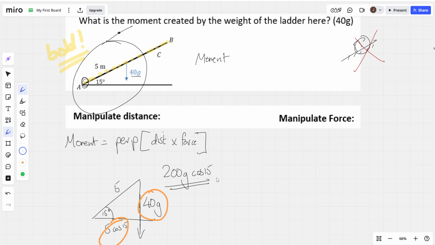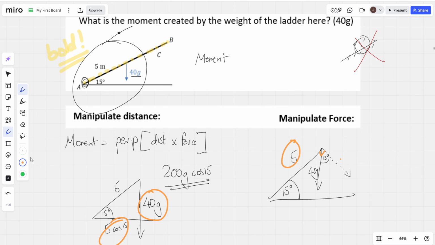So I'm going to start with that 15 again. I'm going to keep the 5 there, but this time, instead of changing the 40G, I'm going to say that that angle is 15, which should sound quite familiar. I could draw the sine and the cos, but I don't actually care about that. I've got my 5, and I want to find the thing that will be perpendicular to it.